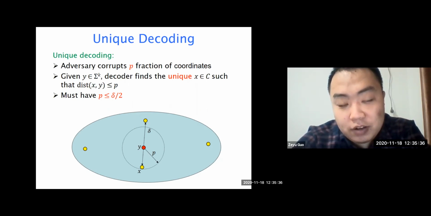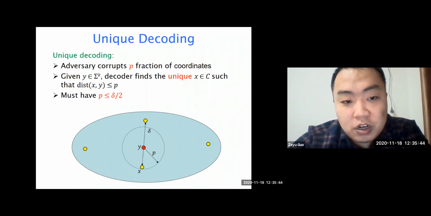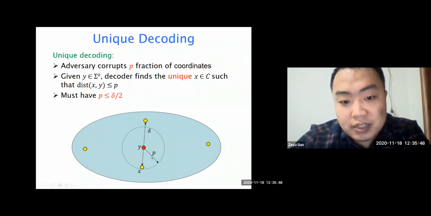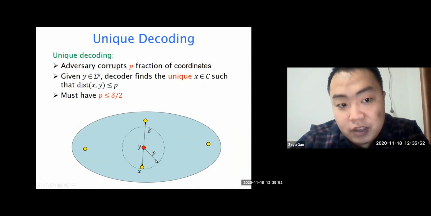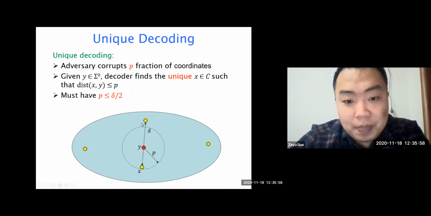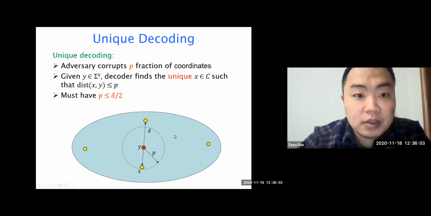Because the adversary corrupts at most a p fraction of coordinates, the distance between x and y is at most p. So, as shown in this picture, we are looking for x in the Hamming ball of radius p centered at y. In order for x to be unique, we must have the radius p bounded by half of the minimum distance delta. Otherwise, x may not be unique. This is unique decoding.